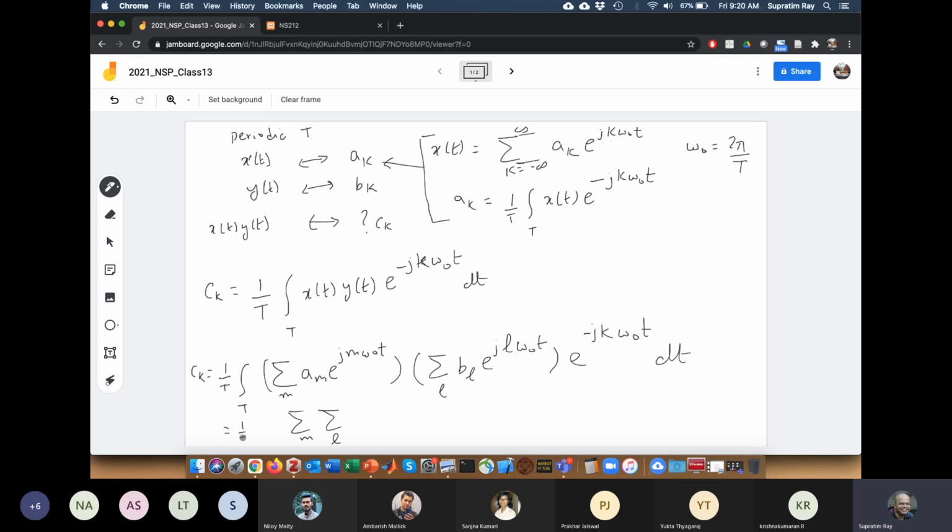I'll have the integral here as well, and I can write this as a_m b_l e^(j omega_0 t (m plus l minus k)) dt. I'm just taking all these exponentials together. It's a double summation now. So this is what I get. Is everyone okay with this so far?